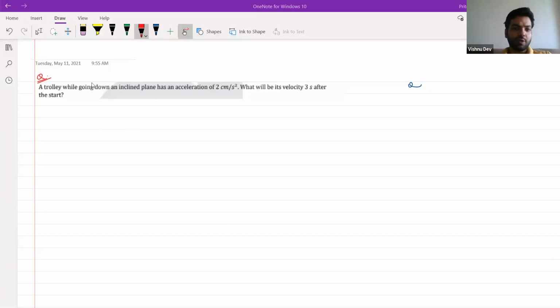Okay, so going through the information here, a trolley while going down an inclined plane has an acceleration of 2 centimeters per second square. A is 2 centimeters per second square. What will be its velocity 3 seconds after the start? So initial velocity, what have you all taken? Will it be 0?